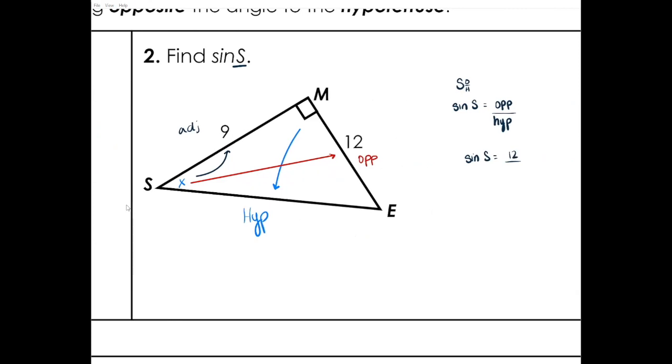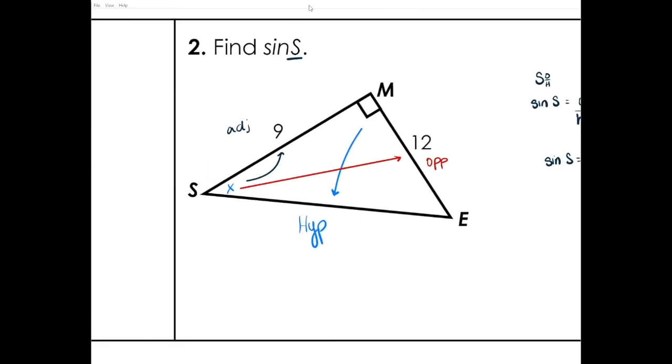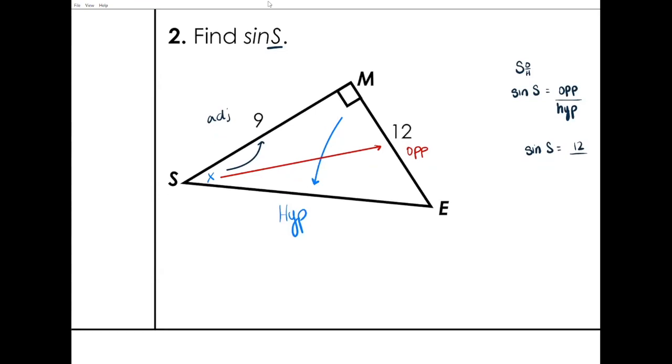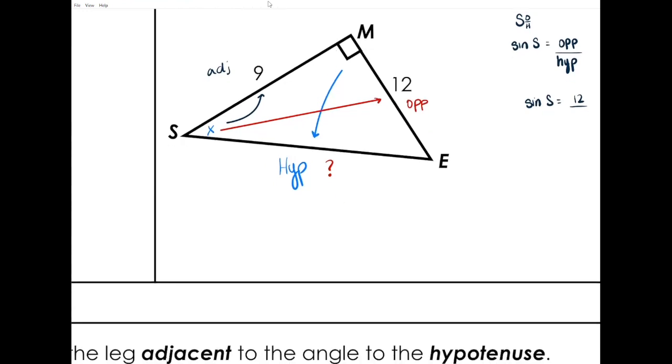What theorem allows us to find the missing sides if we know 2 out of 3? Yeah, Pythagorean theorem. So we go Pythagorean theorem to help us find that side first.